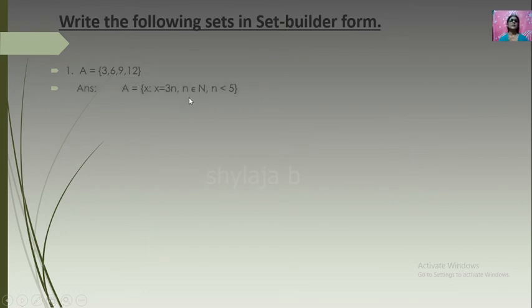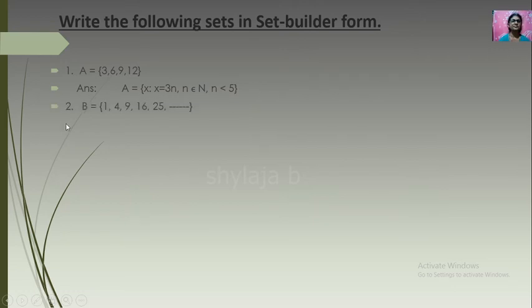So that is the property. Set A is equal to x such that x is equal to 3n, where n belongs to the natural numbers and n is less than 5.